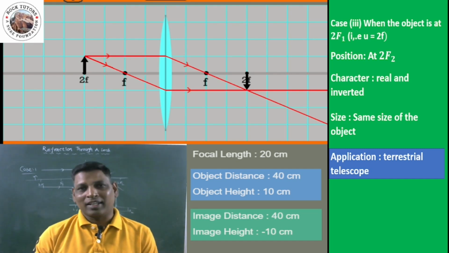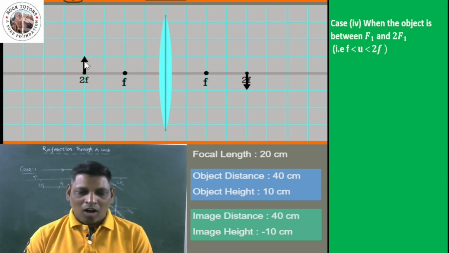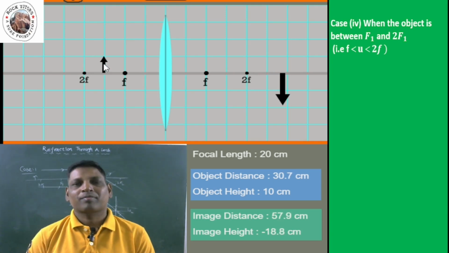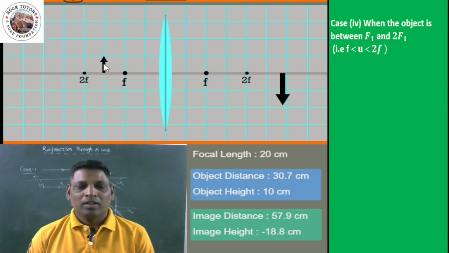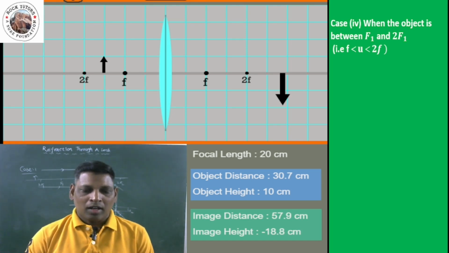Now the fourth case. I am keeping the object between 2F1 and F1. Now what happens? I'm taking a ray parallel to the principal axis.